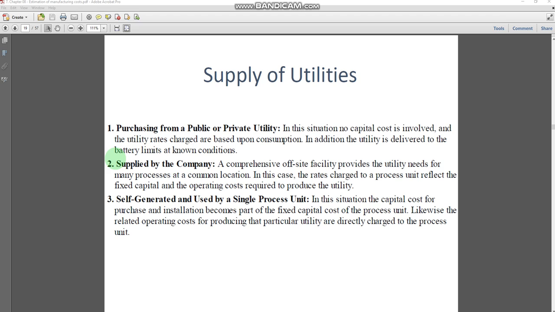So there may be the installation of a small company that can provide you all the utilities that are required for your plant. Okay, so they will provide all the common utilities at the common location, and those utilities cost depend on the fixed capital costs that were required for erecting that small unit, and then the operational cost from that unit.